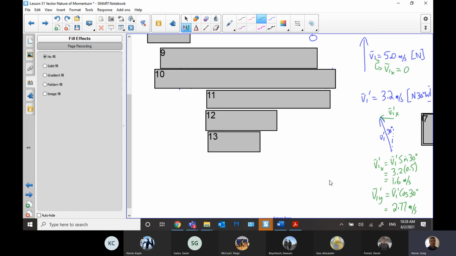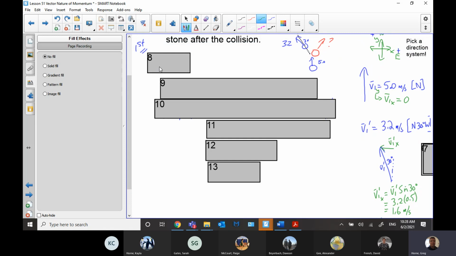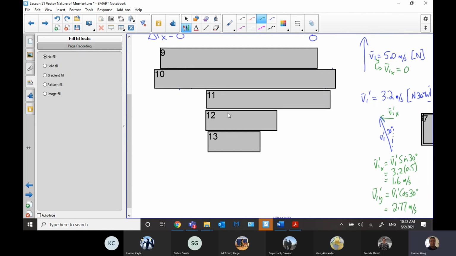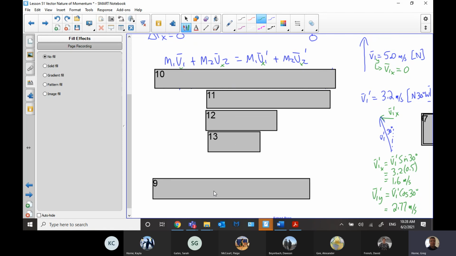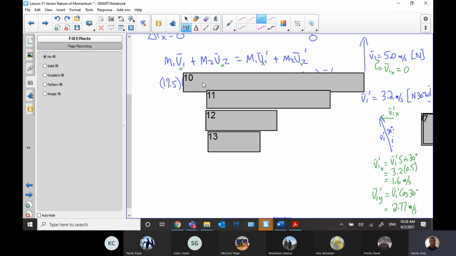Okay, so let me jot down some numbers there. That's just conservation of momentum in the x direction, so we can start showing the numbers, how they go into the equation. Of course, we've got our regular m1, v1, and so on. Momentums add up to be the same before and after. And so we can just plug numbers in. So we can put the 19.5 masses everywhere.